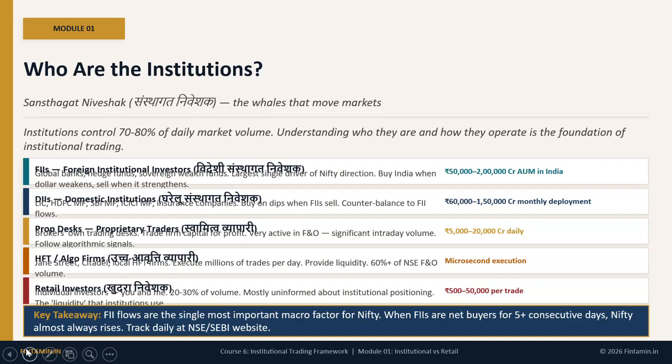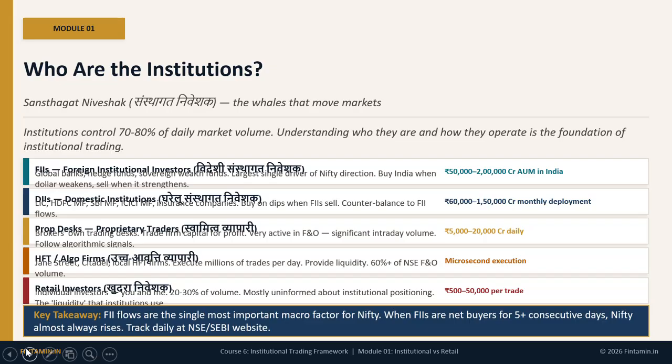Their buying and selling is the single most powerful driver of Nifty direction. When FIIs are net buyers for 5 consecutive days above 2000 crore rupees daily, Nifty has historically risen 3 to 5% over the following 2 weeks. When they sell, markets fall.